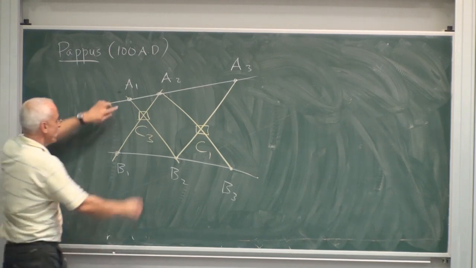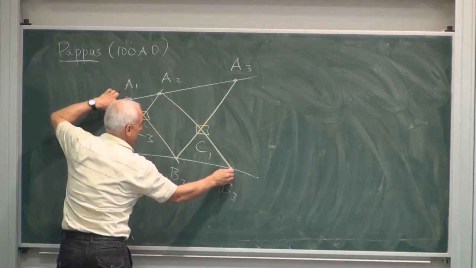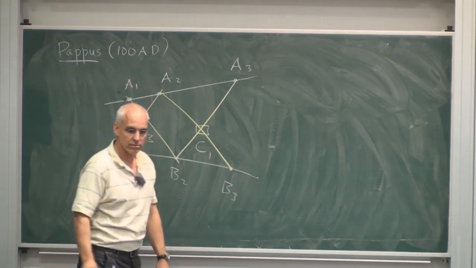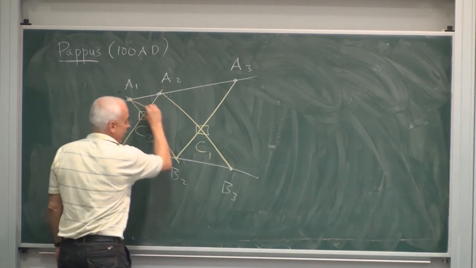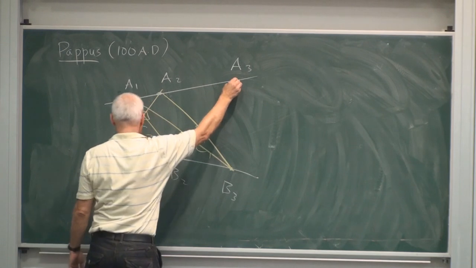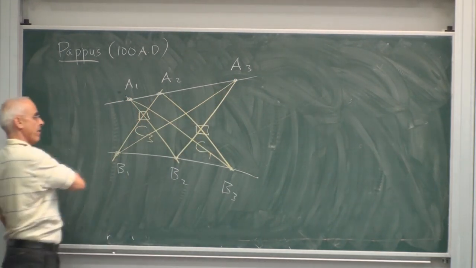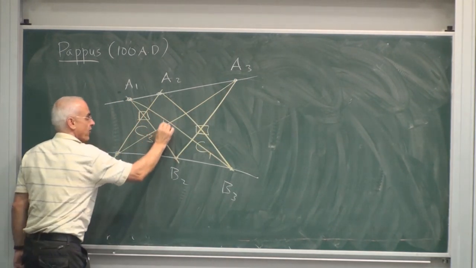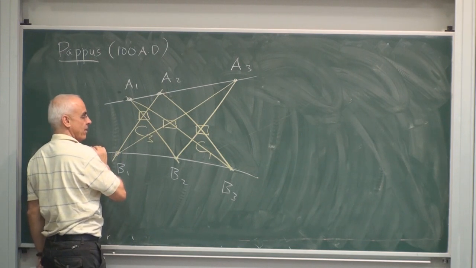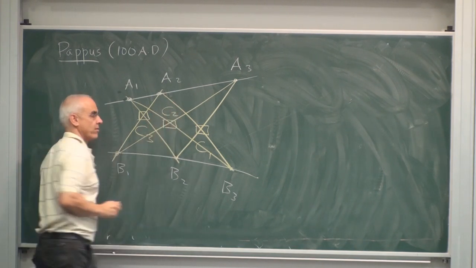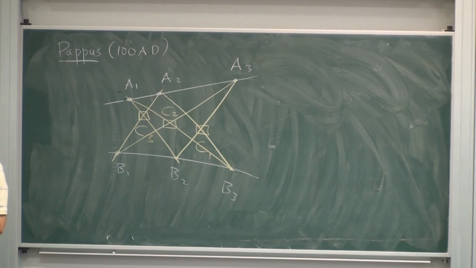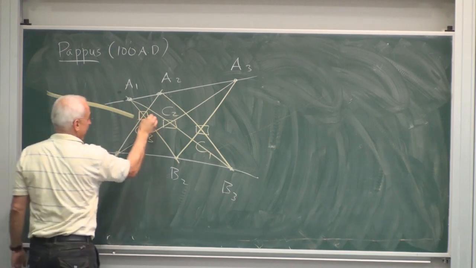So one more thing we could do, we could join A1 and B3 and A3 and B1. And they cross at some other point, C2. And Pappus's theorem is that these 3 points always lie on a line.